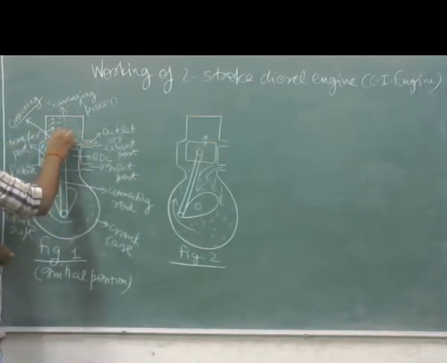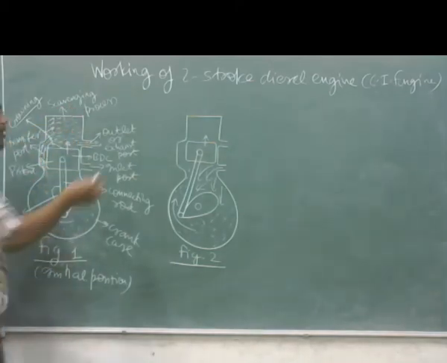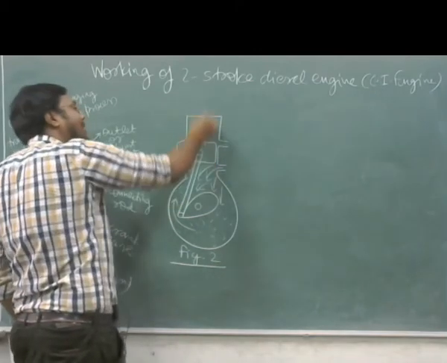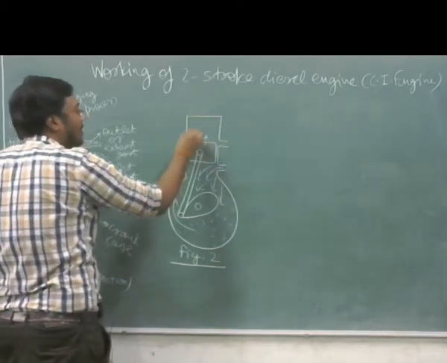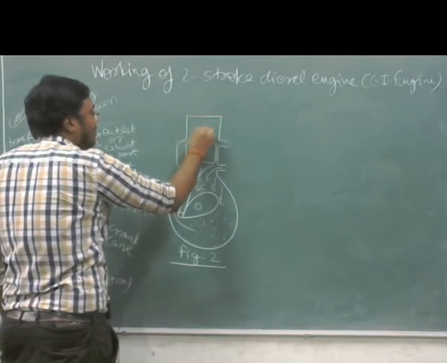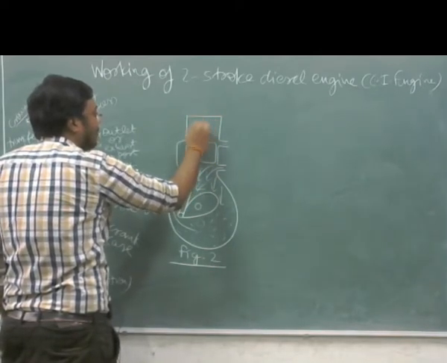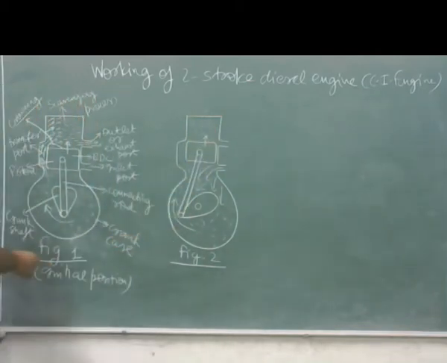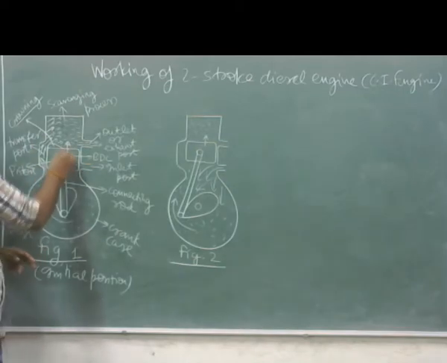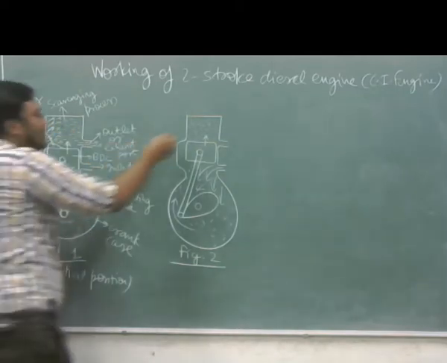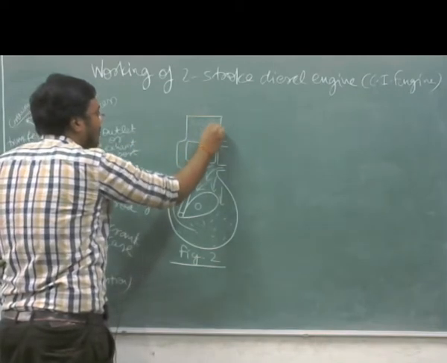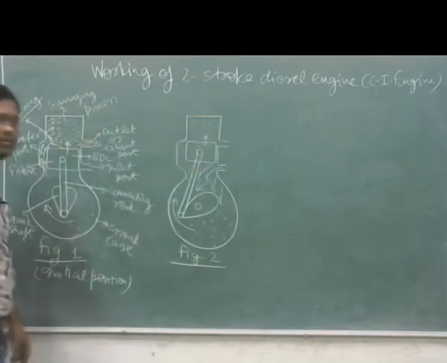So when this piston is moving in the upward direction, it will compress the air present here. When this piston moves in upward direction, it will compress the fresh air present above the piston.